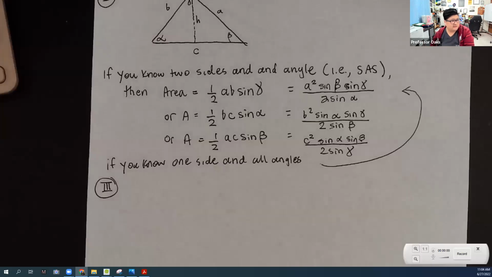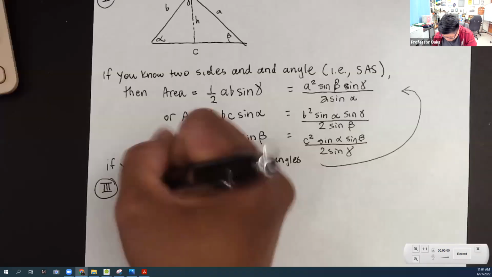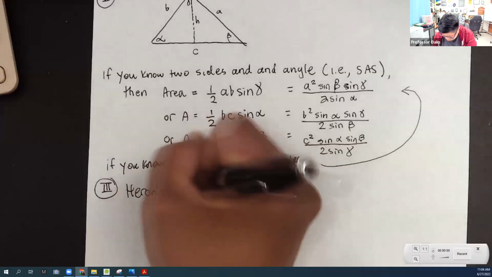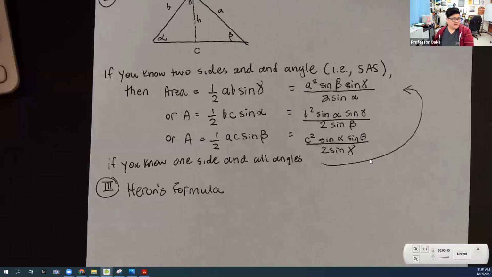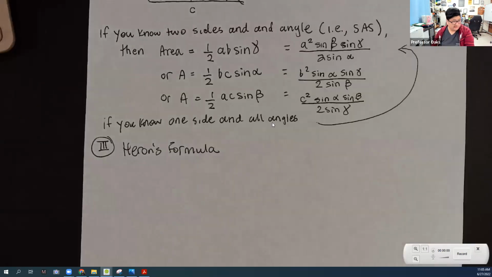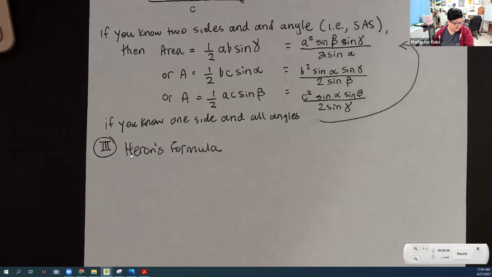So that's Heron's formula. I can't spell the guy's name. That one might happen if you only know the three side lengths.